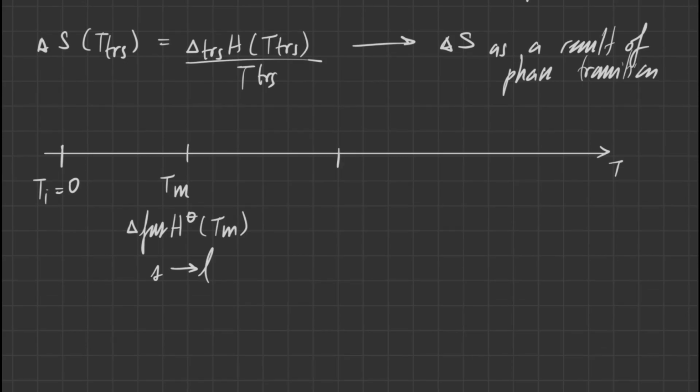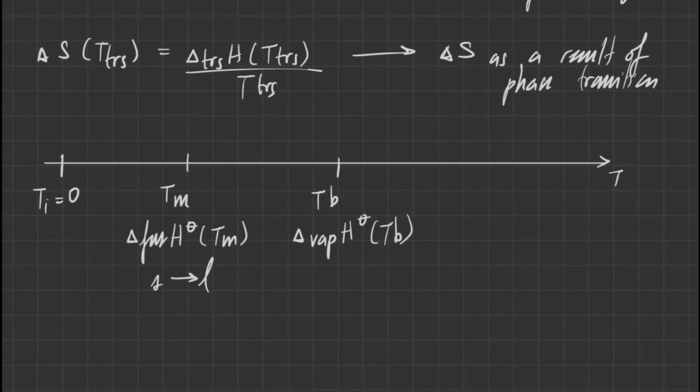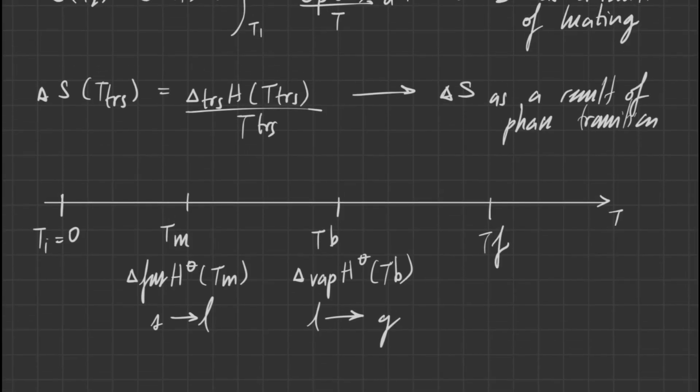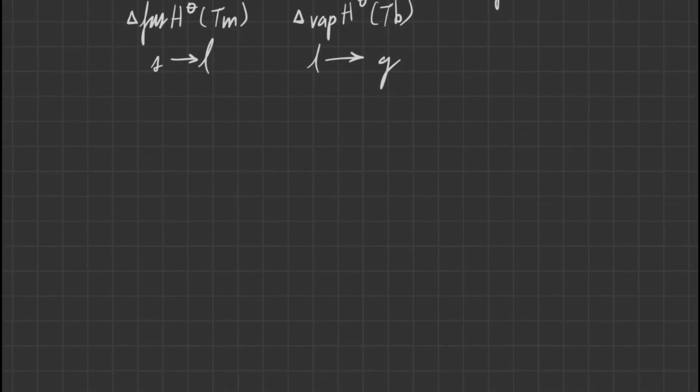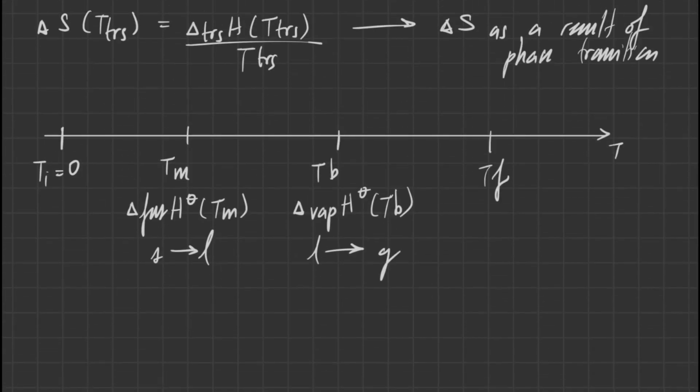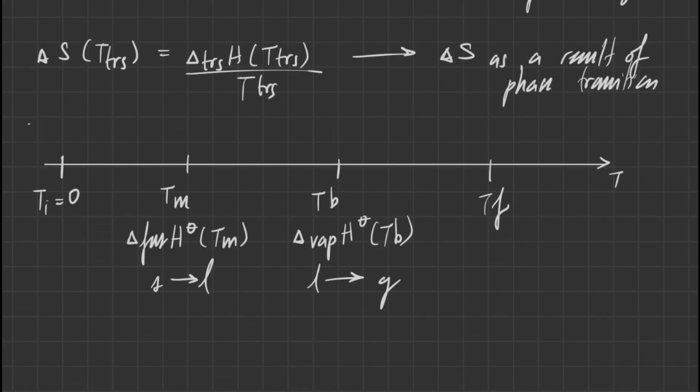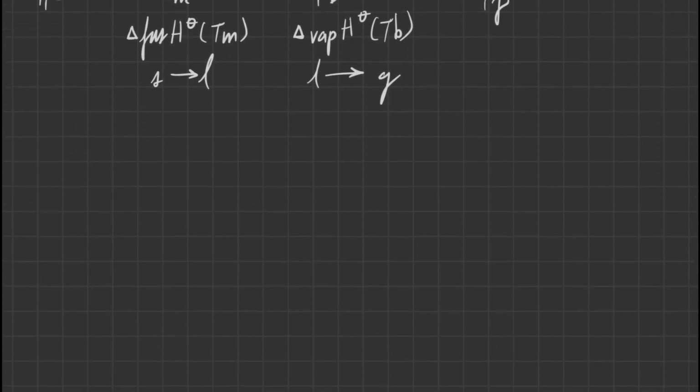Next we have our boiling temperature, where the standard enthalpy of vaporization at the boiling temperature is important. So this is where liquid becomes a gas. And then finally we have our final temperature, where the final temperature is greater than the boiling temperature or the vaporization temperature.